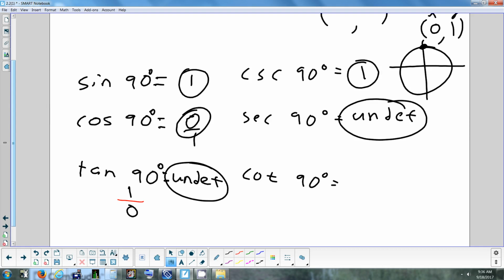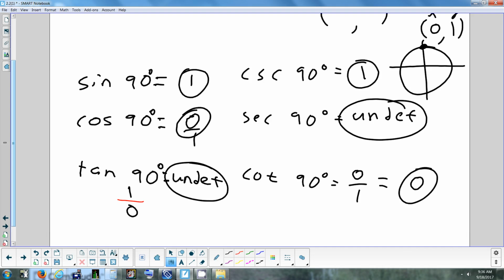How about the cotangent of 90? Anyone think they could tell me what that one would be? Ashton? Would it be 0 over 1? Yep, 0 over 1. And what does that come out to? 0. Very good. So when you flip undefined, you get 0.